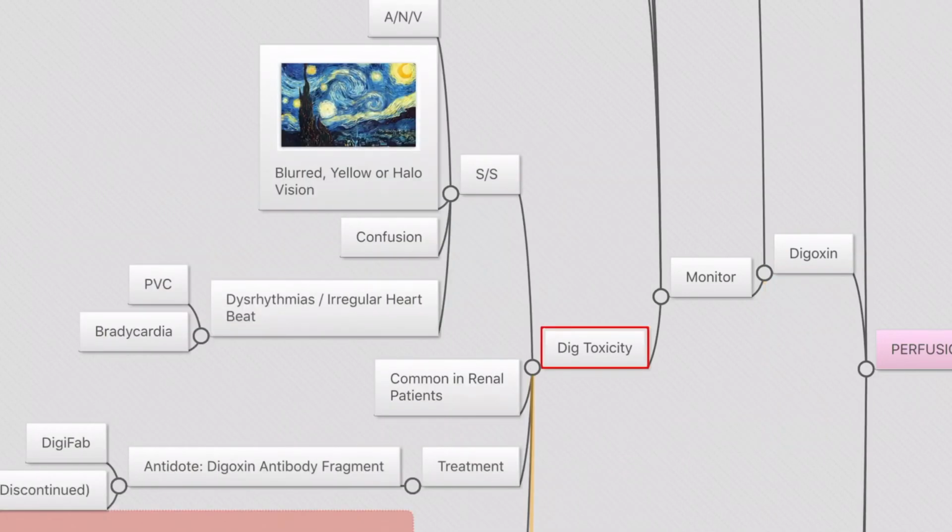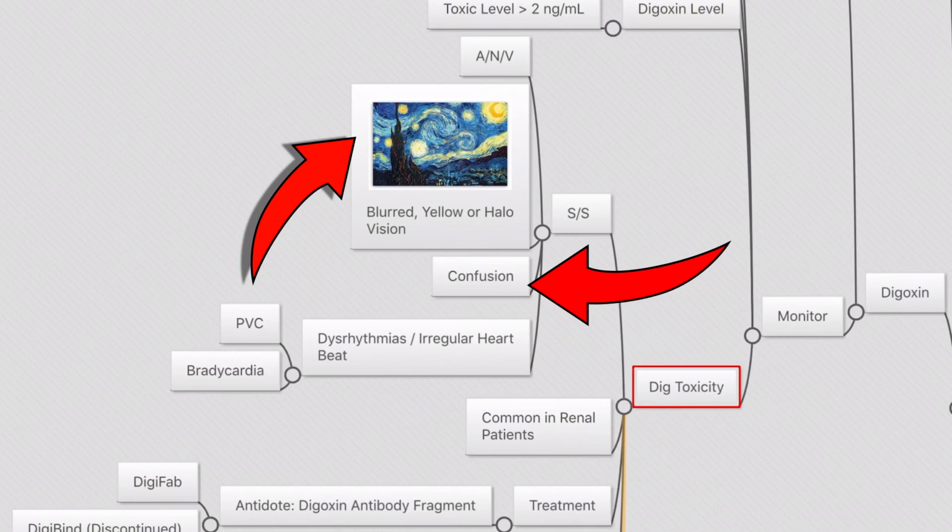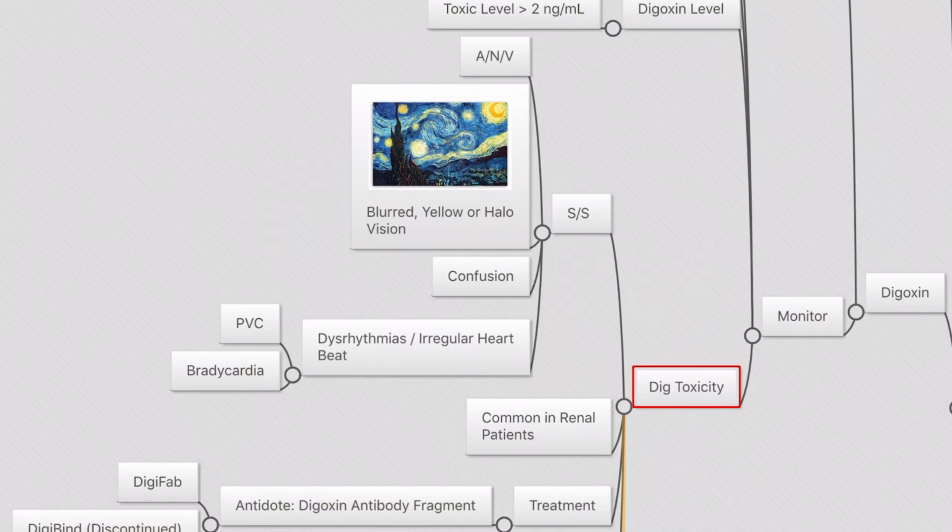So what are the signs and symptoms of digoxin toxicity? First, signs and symptoms you're going to see will be GI: anorexia, nausea, and vomiting. Then the patient is going to have neurological symptoms. The patient might complain of blurred or yellow or halo vision. The patient might be confused. Then the last part of the clinical manifestation pertains to the heart. Any type of dysrhythmia or irregular heartbeat.